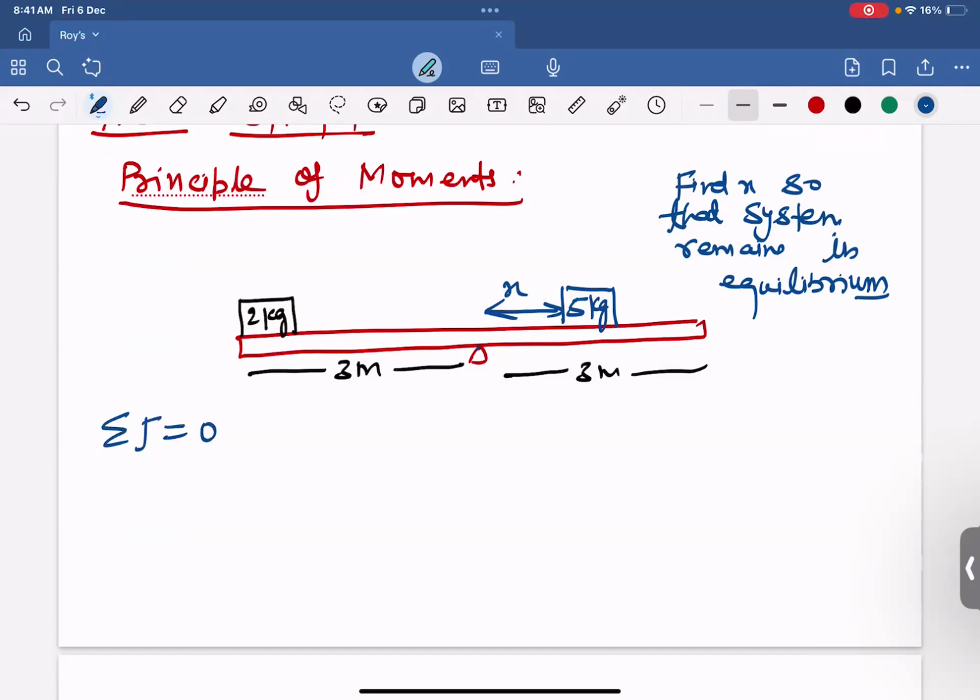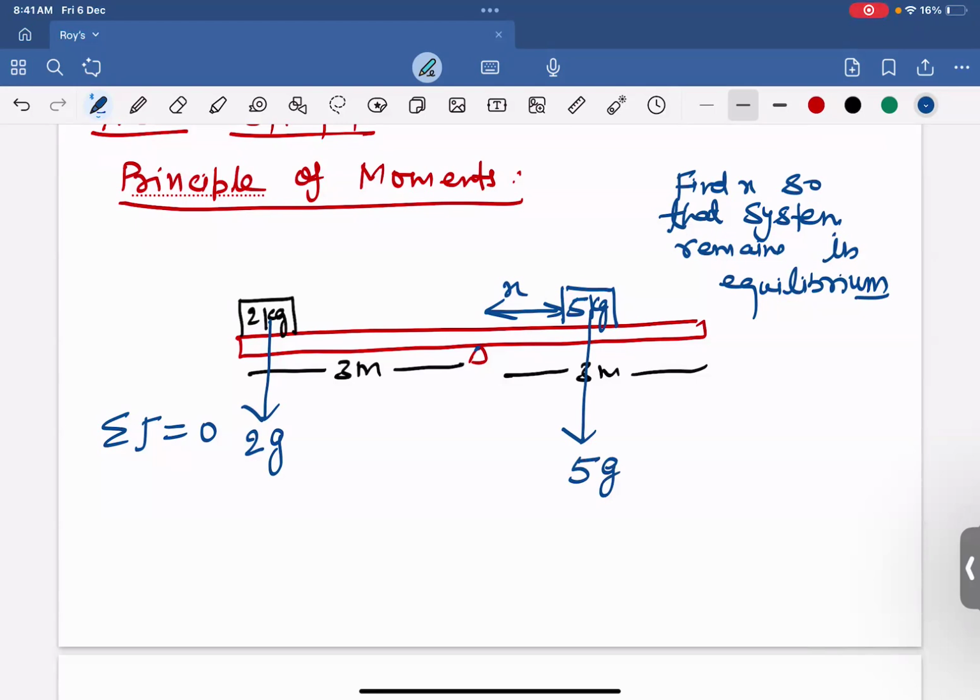Force is zero because it is fixed, no problem in that. But net torque should also be zero. Now 2 kg is applying force, that is the weight of the body, 2g downward, and 5g is applying force here.